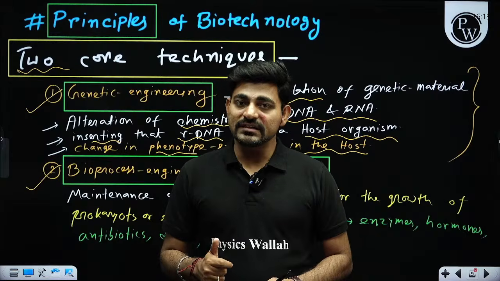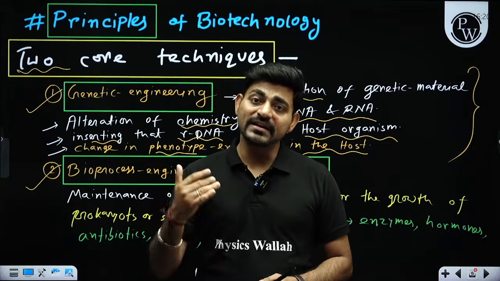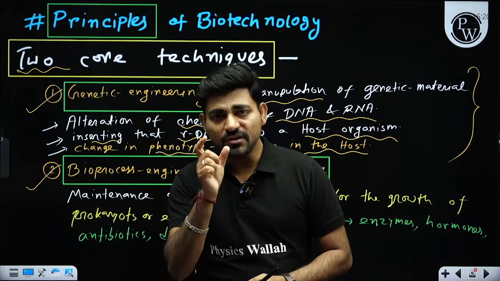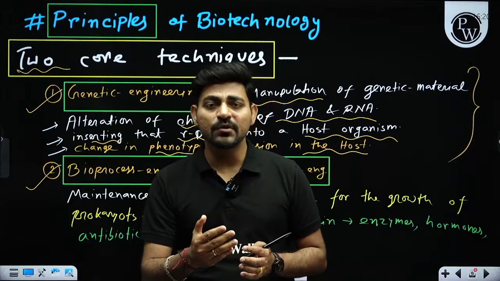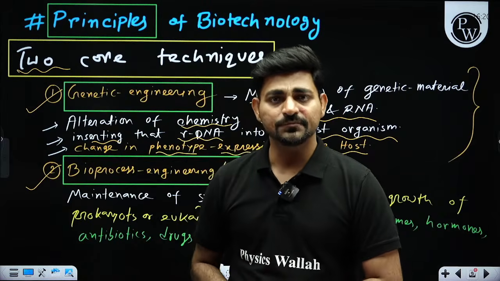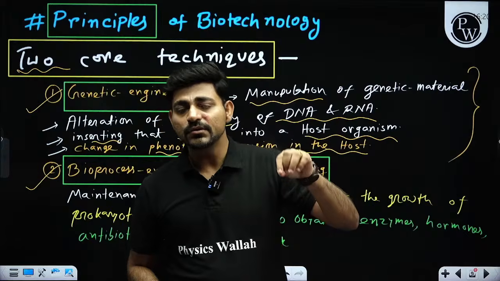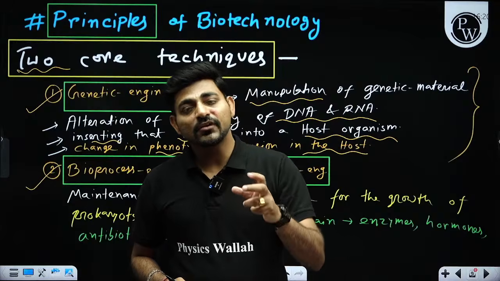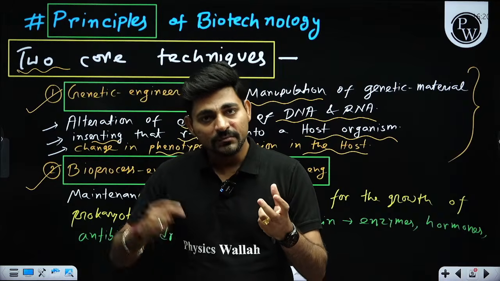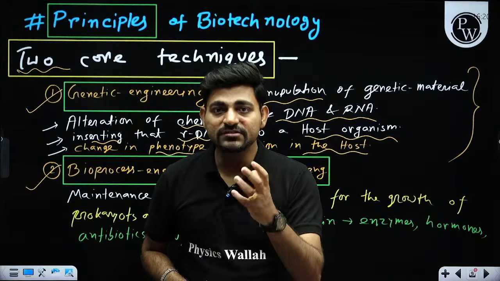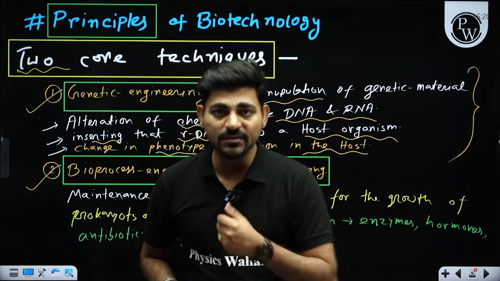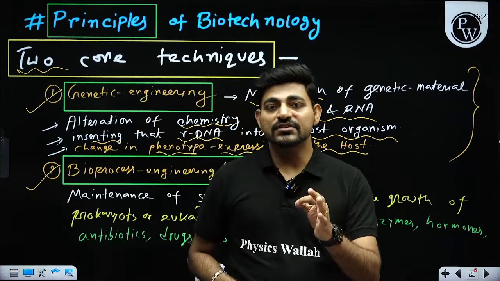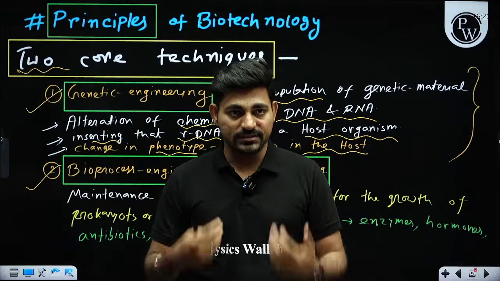But biologists or biotechnologists made this possible. How? They took the particular piece of DNA from the human genome, which can produce human insulin, and they inserted it into the bacteria called Escherichia coli or E. coli. Now this E. coli is transformed by inserting human DNA. Now this transformed E. coli or genetically modified E. coli can produce exact insulin which is useful for us.